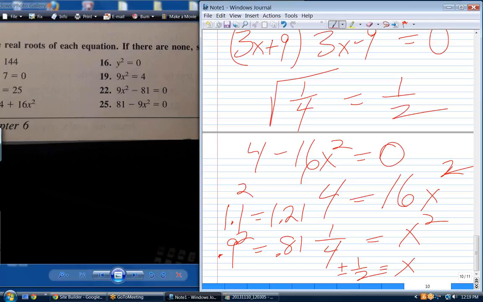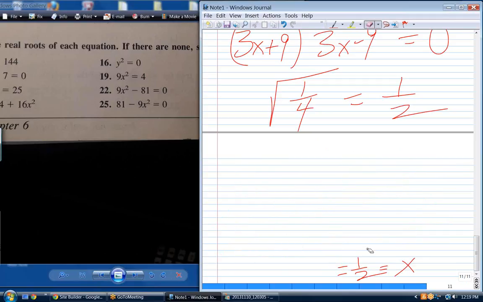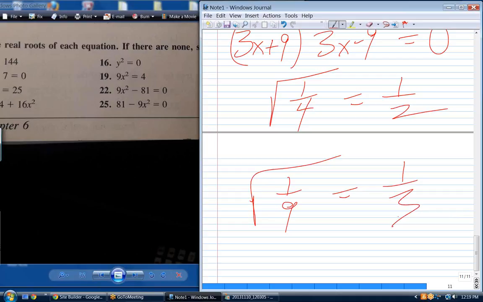A difficult concept for a lot of people to accept is that when you take the square root of a fraction, you're going to get a bigger fraction. If I take the square root of 1/9, that's equal to 1/3, which is bigger than 1/9.